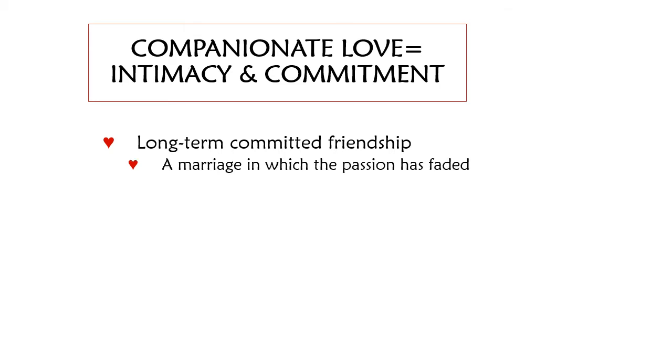Sometimes you can have this in romantic relationships, in a marriage in which the passion has faded, people are still together, they're still close friends, but they stop having sex, things like that. Platonic lasting friendships is another one, as I already said, where you have these close friendships, possibly long lasting, but you don't, of course, have a passion for each other.